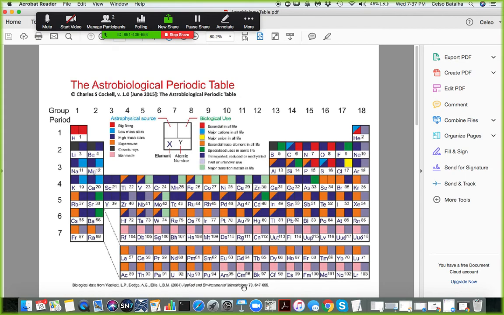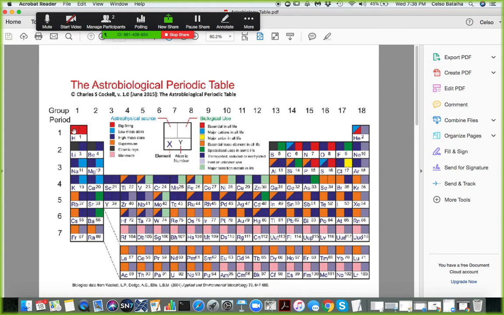But the main point, and I will upload this in Canvas, is that it gives not only the astrophysical source of these elements in the upper left box, but also the biological use of these elements in the upper right box.